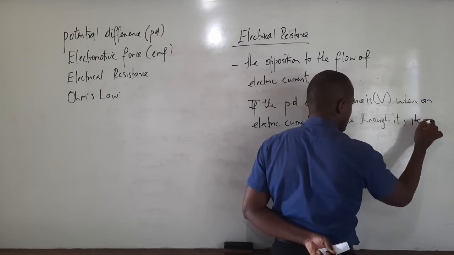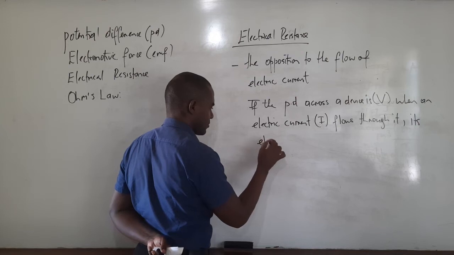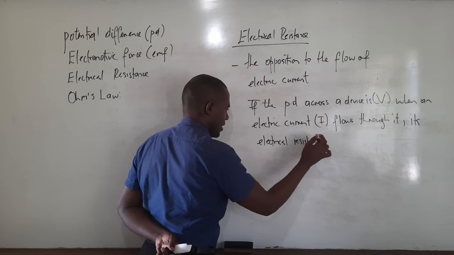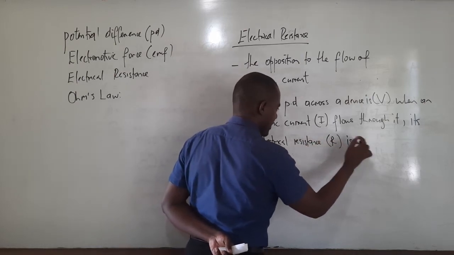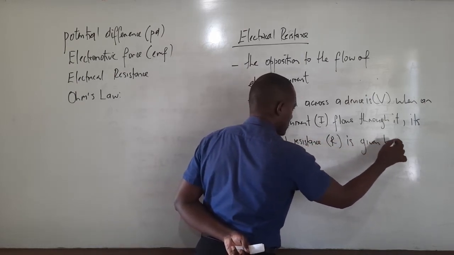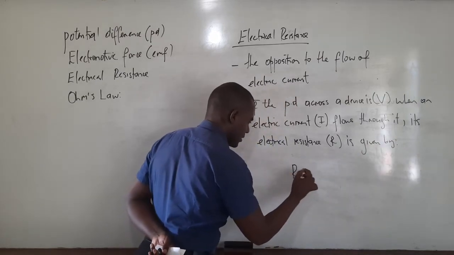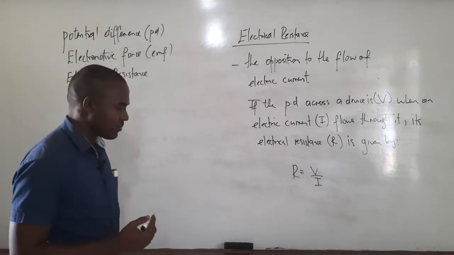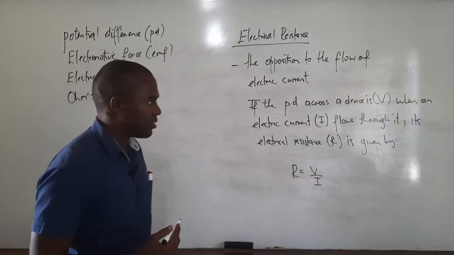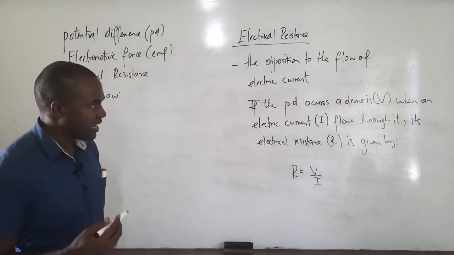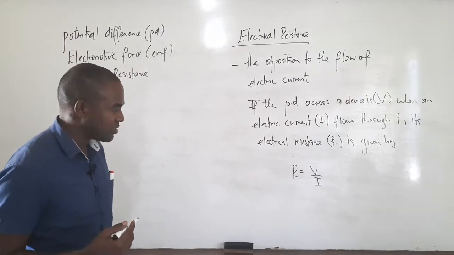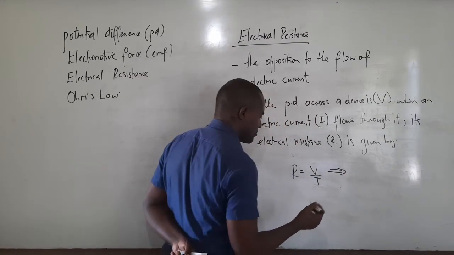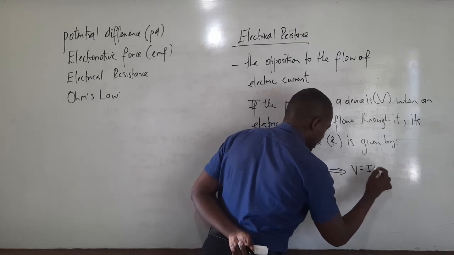Its electrical resistance R is given by R equals V over I. So the electrical resistance R of a device across which there's a PD V when a current I flows through the device is given by R is equal to V over I, which of course we can transpose to make V the subject, from which we get V is equal to IR.